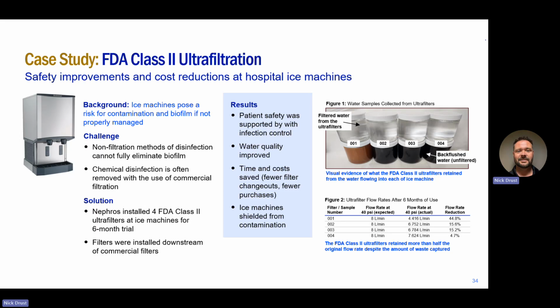In this evaluation, despite the amount of material captured, the filters maintained acceptable flow rates throughout the study period. What I like about this example is that it reflects exactly what 514 is encouraging facilities to do. Identify risk, evaluate control measures, verify performance, and document your results.